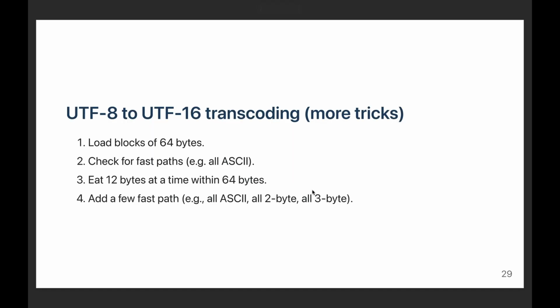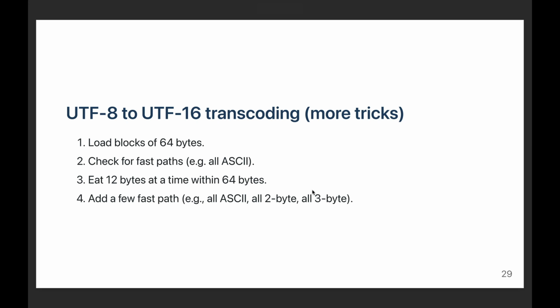Though what we described is efficient, there are a few more optimizations that we use. For one thing, instead of loading the data in small blocks of 12 bytes, we load larger blocks of 64 bytes, and we create a single bit set over which we iterate in small chunks of 12 bytes. Doing so allows us to check for some easy cases.